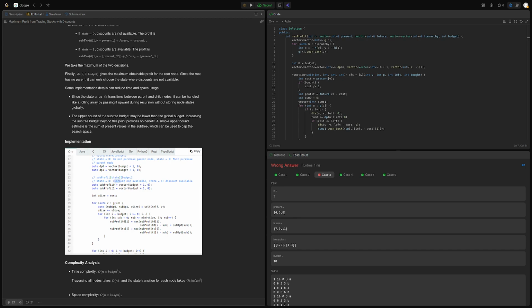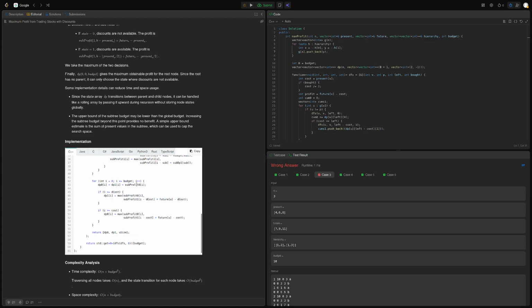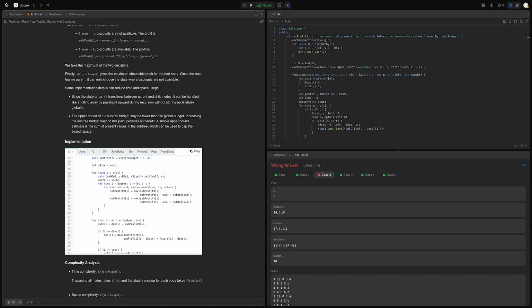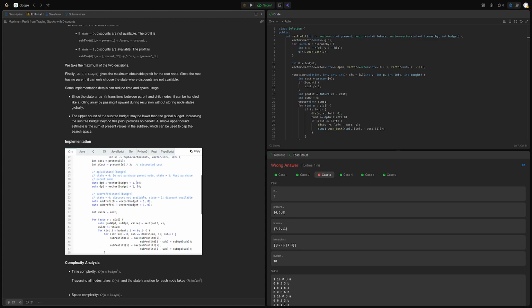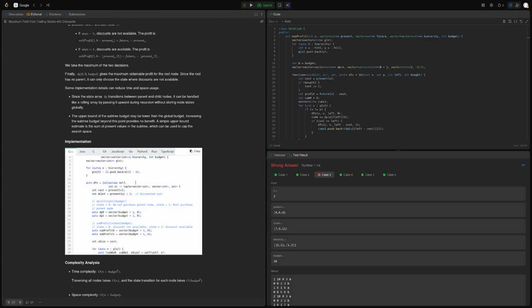Okay, subprofit. Okay, so sub DPU1, and what is V size? What's even U size? What is cost?